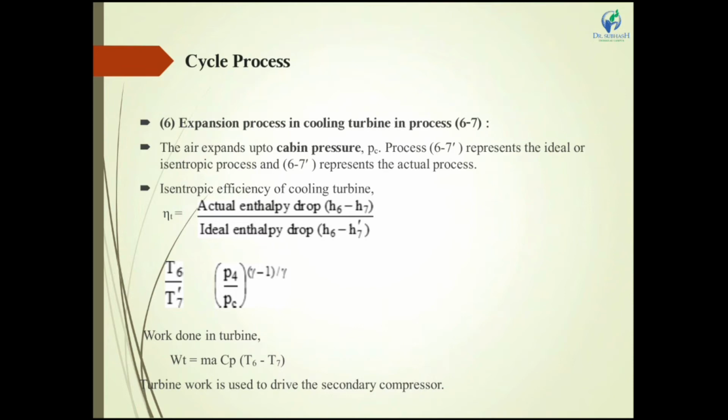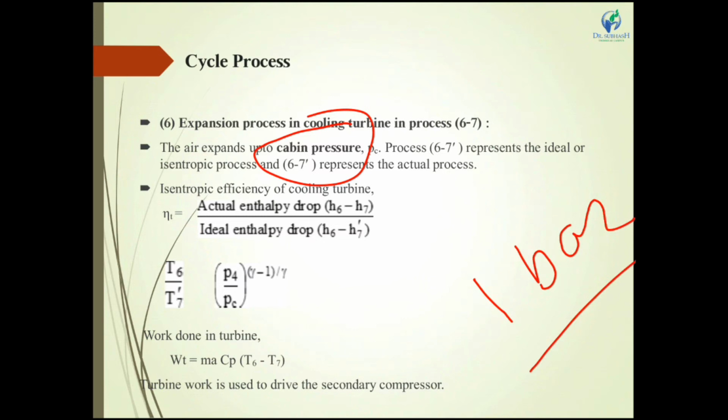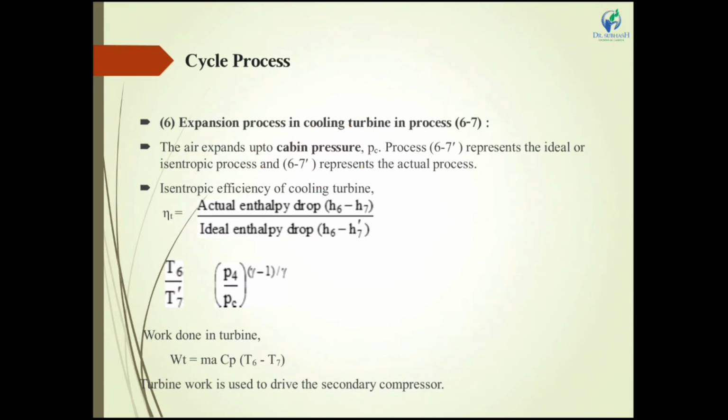Next is the expansion process in the cooling turbine, process 6 to 7. The air is expanded down to cabin pressure. Cabin pressure is equal to 1 bar, to maintain atmospheric pressure inside the cabin. The ideal isentropic process is represented as 6 to 7, and 6 to 7 dash represents the actual process.